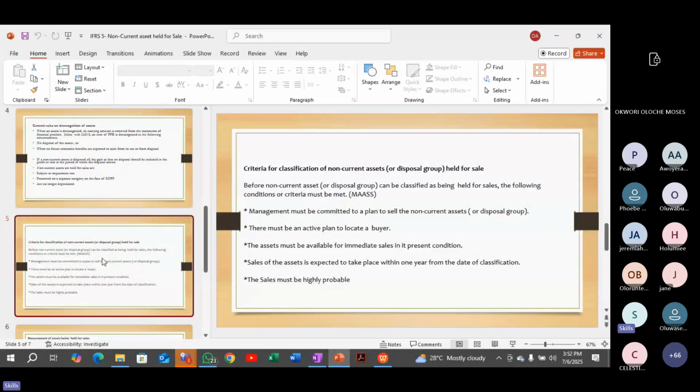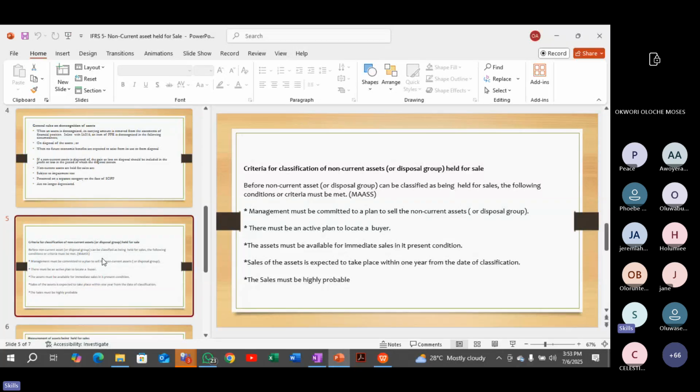The first criterion is what? MASS. That means management commitment to sell a non-current asset or disposal group.